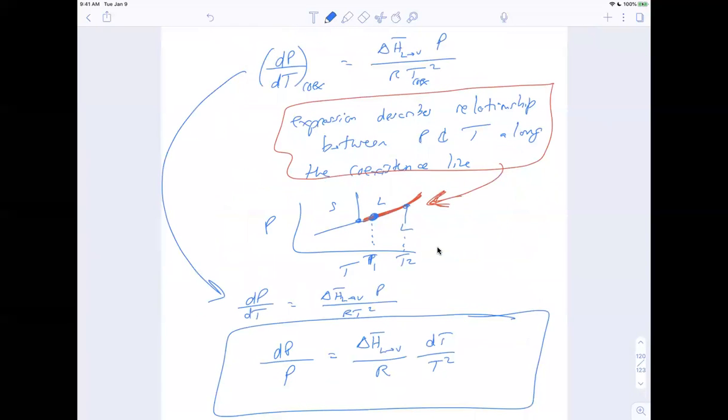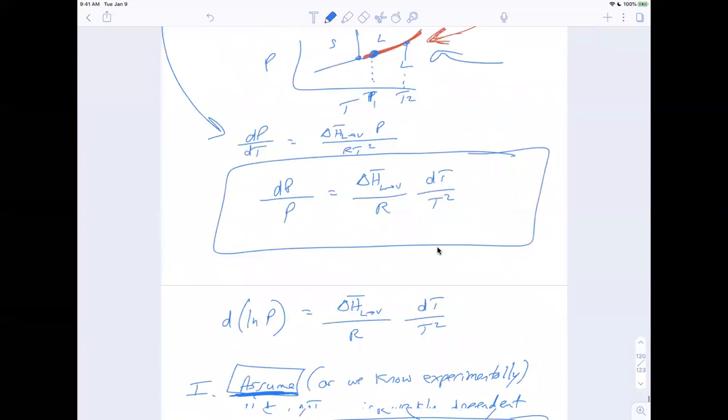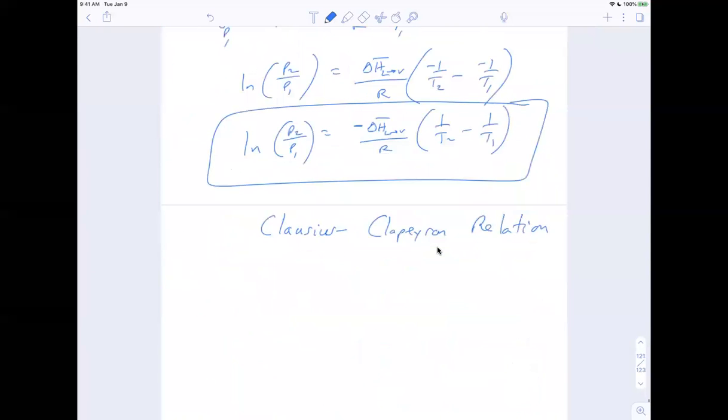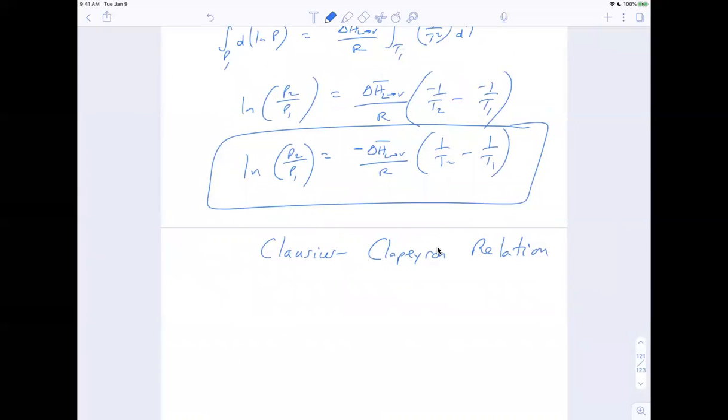This is called the vapor pressure, by the way, for a pure fluid along the red line here. You can predict the pressure or the temperature given one or the other, and this enthalpy of vaporization along this line, given some conditions. And the things that you need to know, of course, are some set of initial pressures and temperatures and the enthalpy of vaporization.